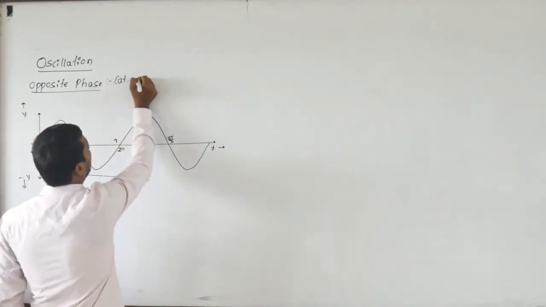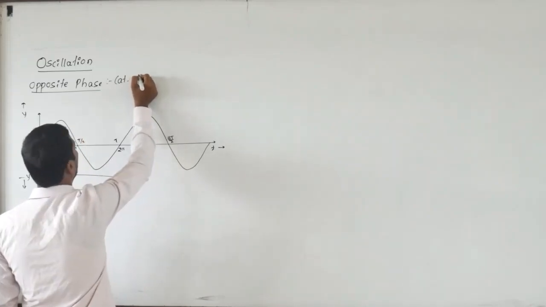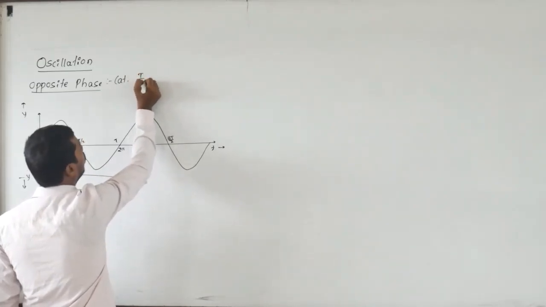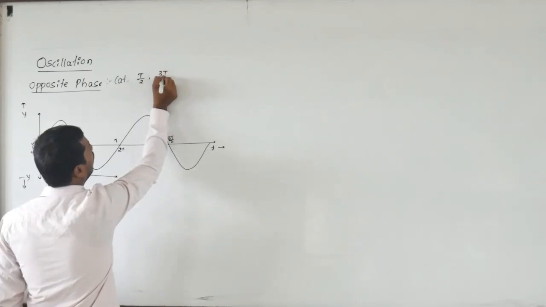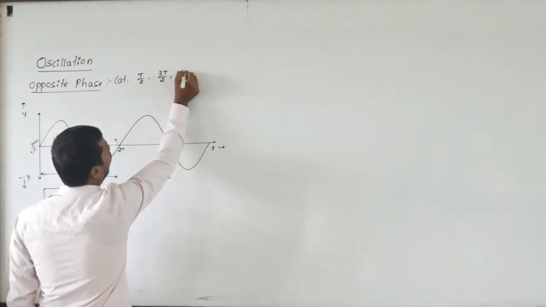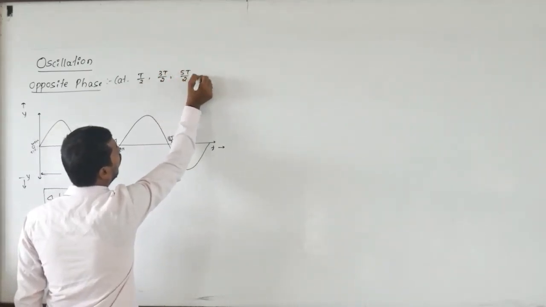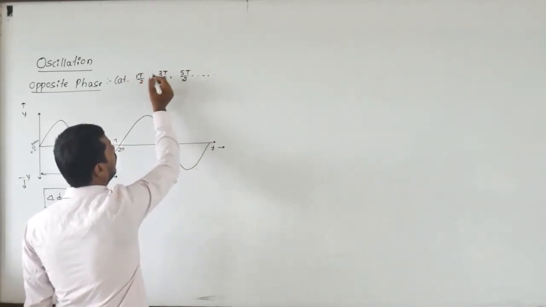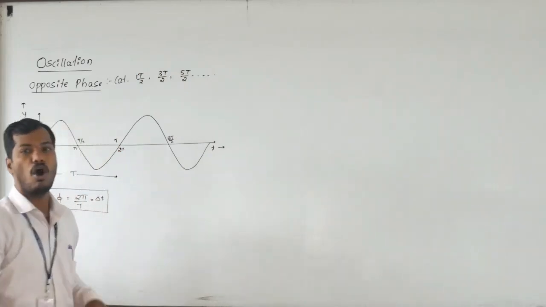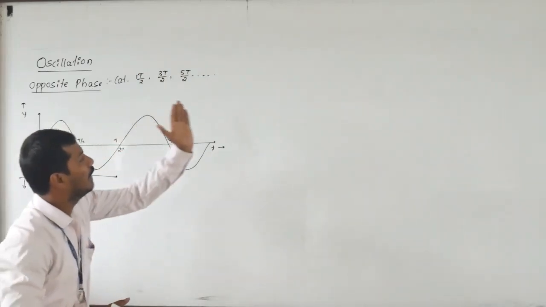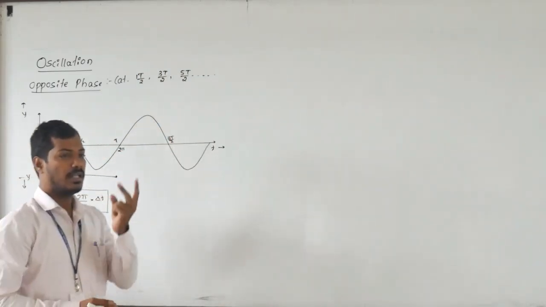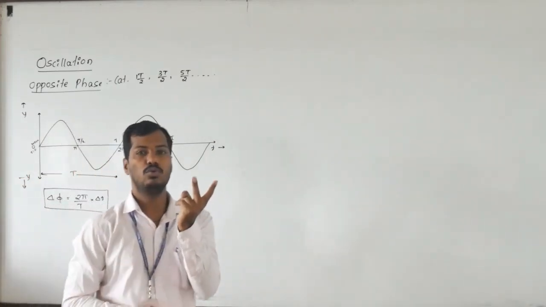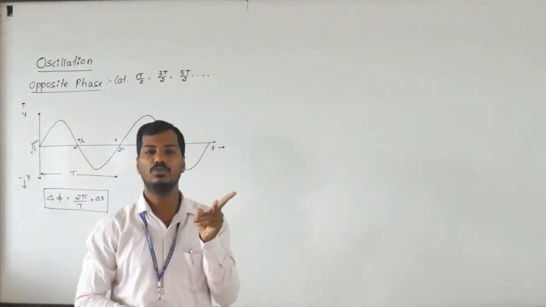At delta t equal to how much? That is T by 2, 3T by 2, 5T by 2, and so on. These are all odd multiples of T by 2. There are two forms: 2n plus 1 and 2n minus 1.